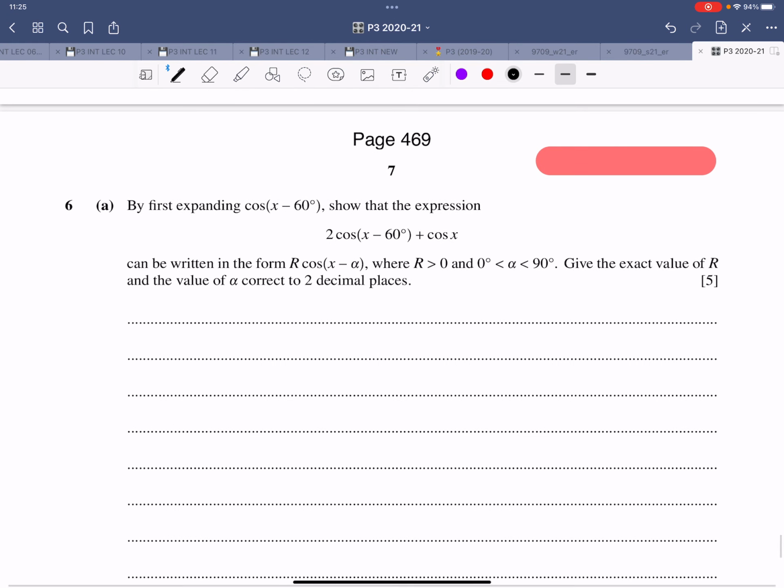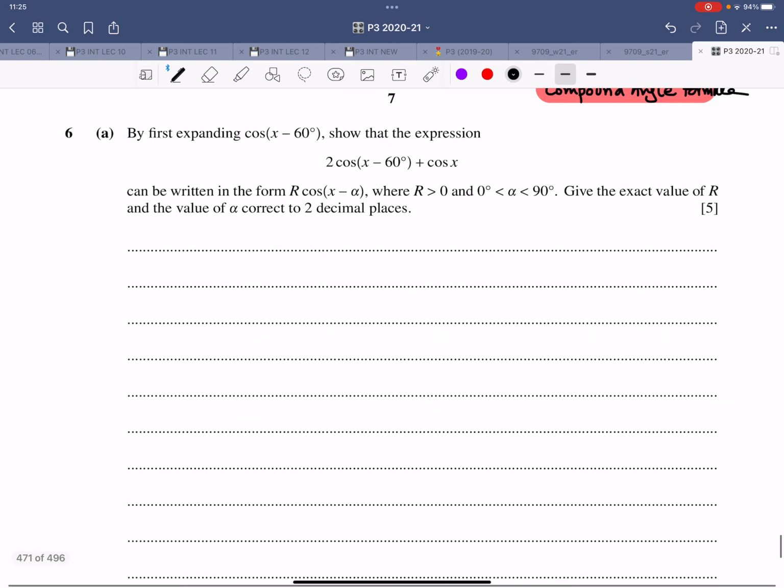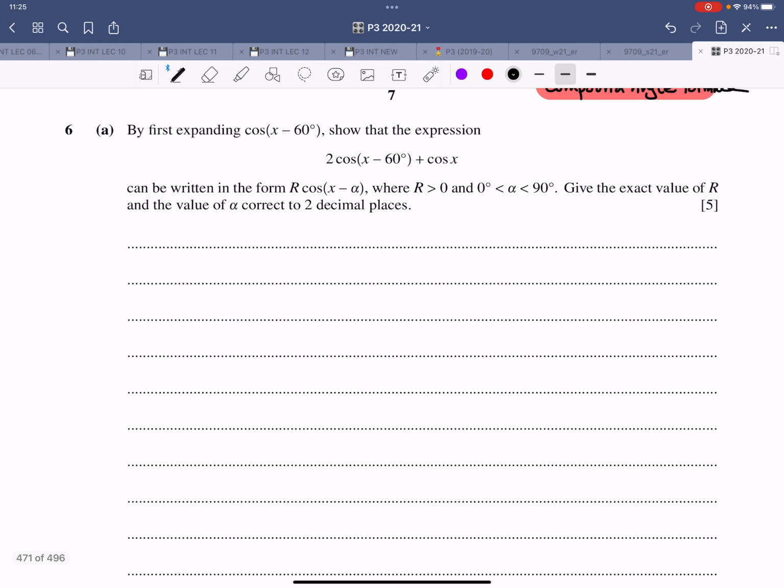Another trigonometry question. This looks like compound angle, also known as the harmonic form. Compound angle formula. So first of all, expand this: cosine x minus 60. That is cosine x cosine 60, plus sine x sine 60.